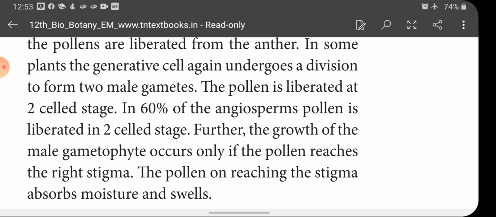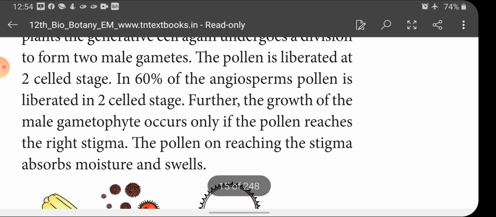In 60% of angiosperms, pollen is liberated at the two-celled stage only, that is, it possesses two cells, one vegetative cell and another generative cell. Further, the growth of the male gametophyte occurs only if the pollen reaches the right stigma. If it reaches a suitable stigma, it starts further development.